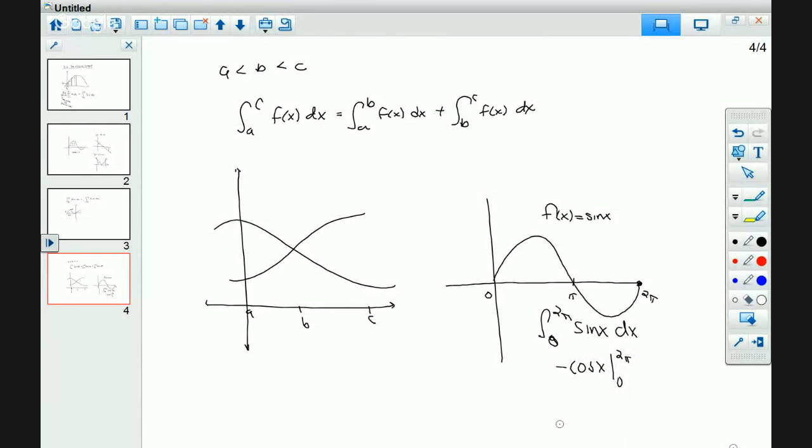So the negative cosine 2 pi minus negative cosine of 0, which ends up 0. Okay. So evaluating the integrals, remember on indefinite integrals, you gotta put plus C. Is that enough? Kind of jogs your memory on integrals.